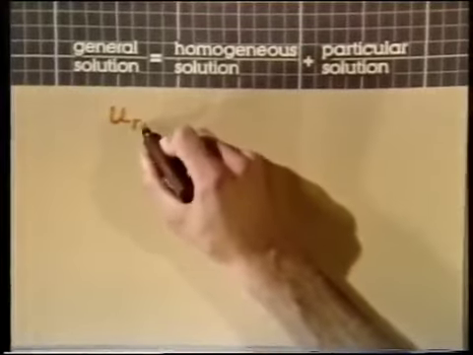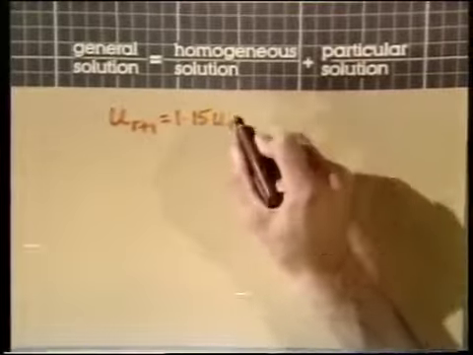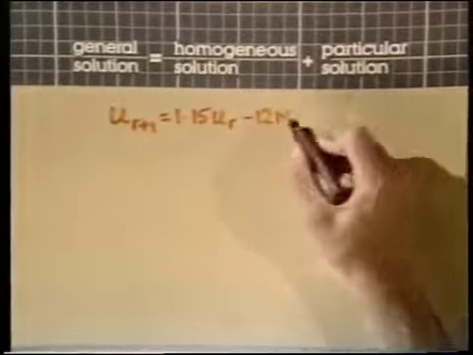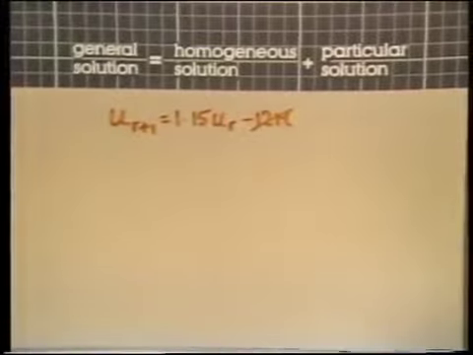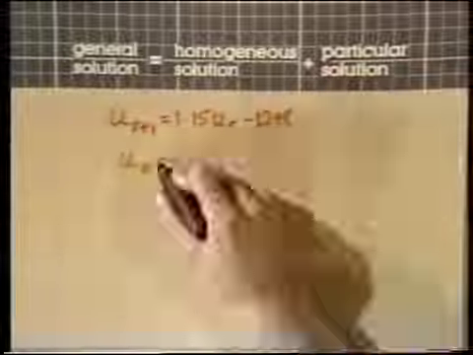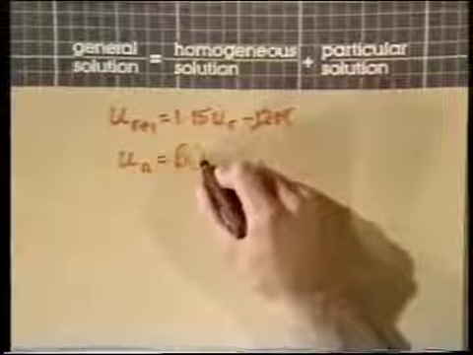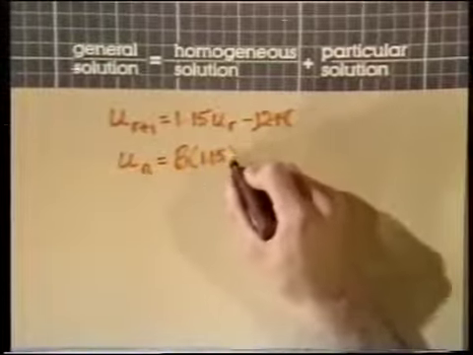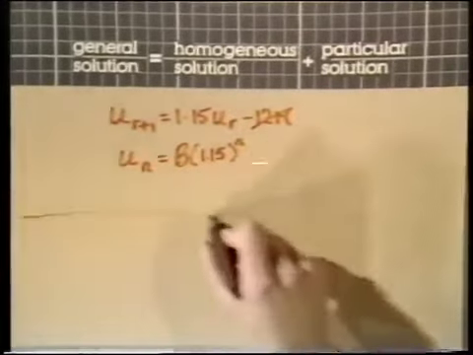So if we write down the recurrence relation, we want the homogeneous relation, and we get that by ignoring the 12M. Now the solution of this is just u_n is equal to some arbitrary constant b times 1.15 to the n. So that's the first part of our solution.